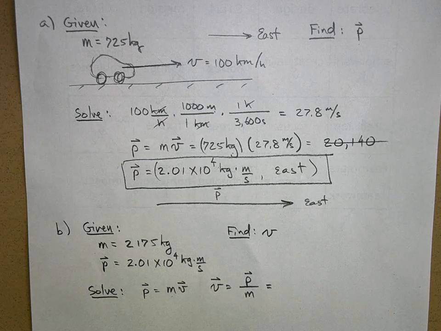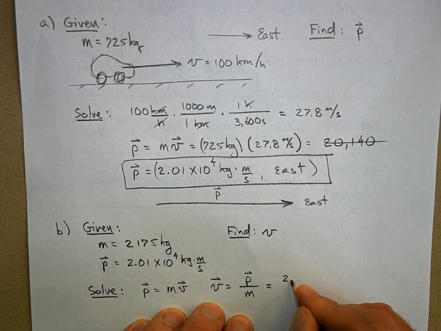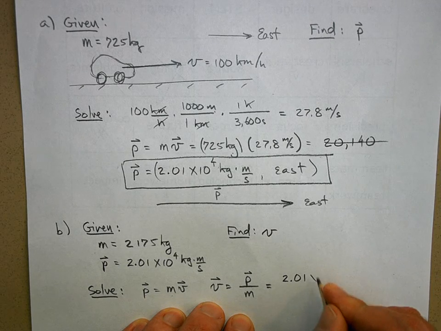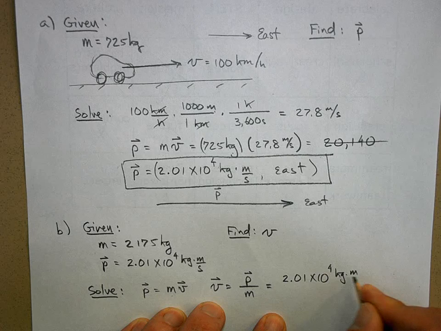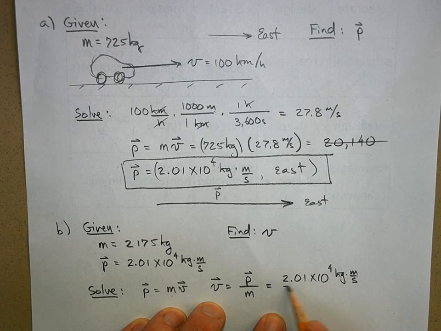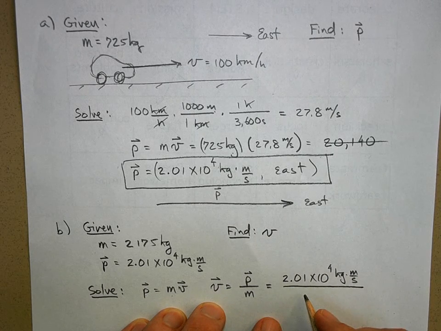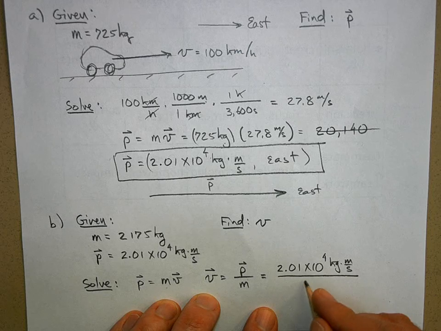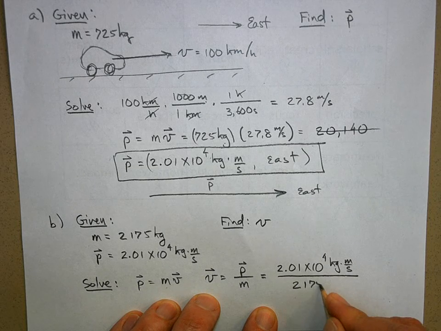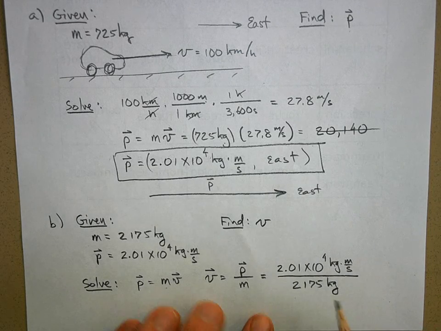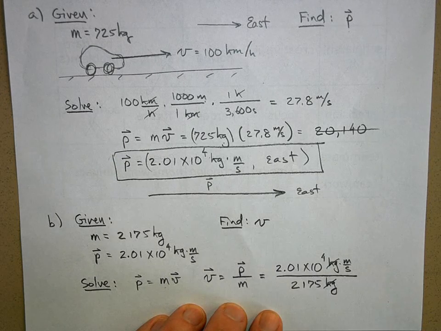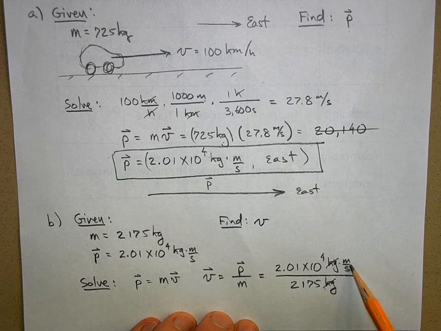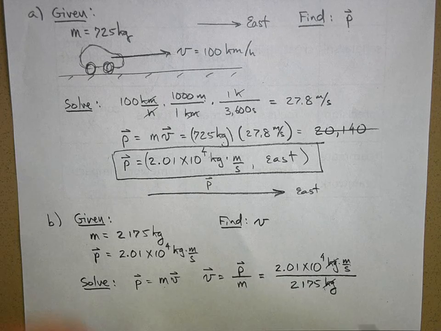So this heavier car has this much momentum, and it has this much mass. And notice that the kilograms cancel, leaving meters per second, as it should.